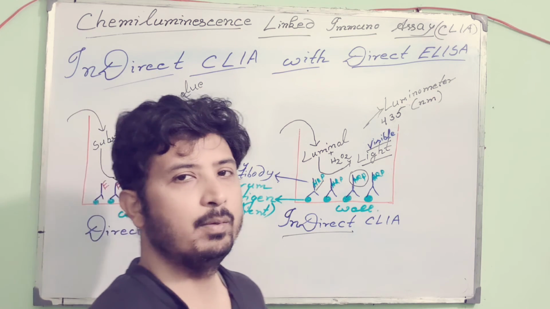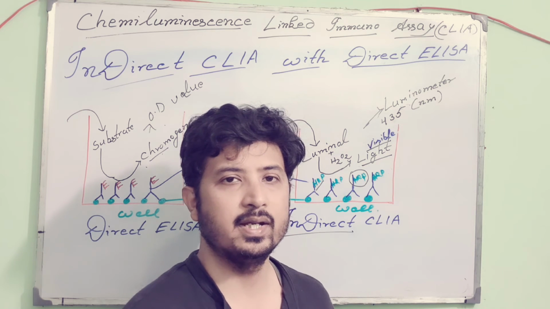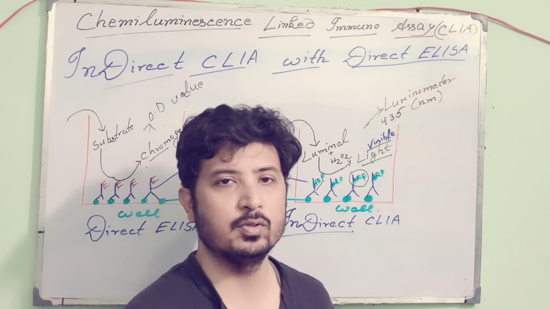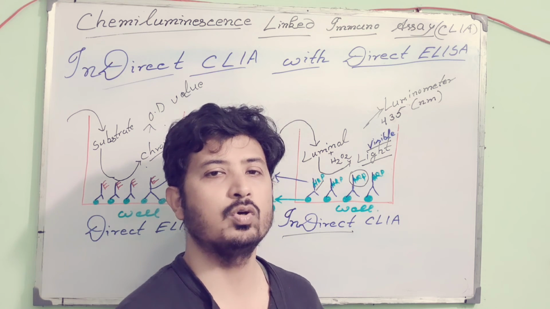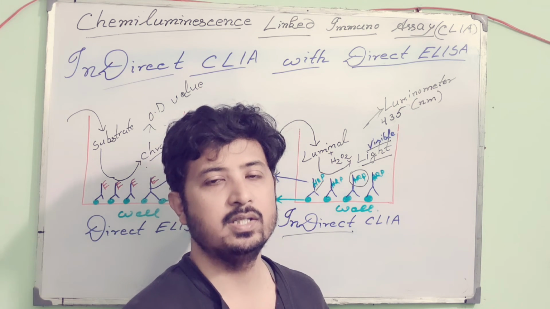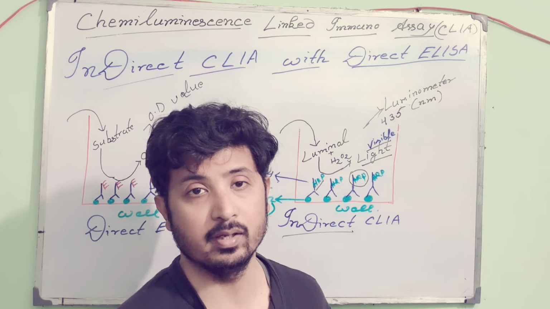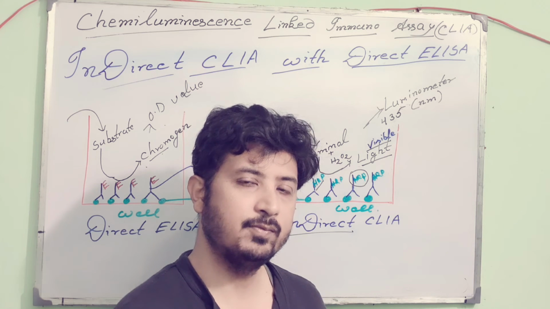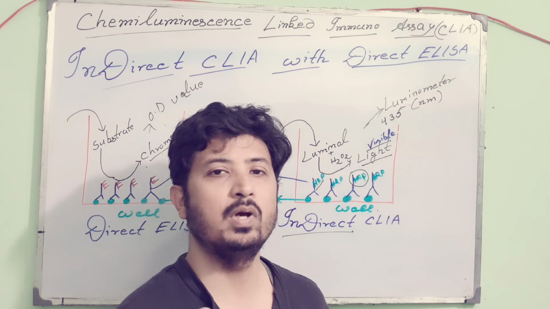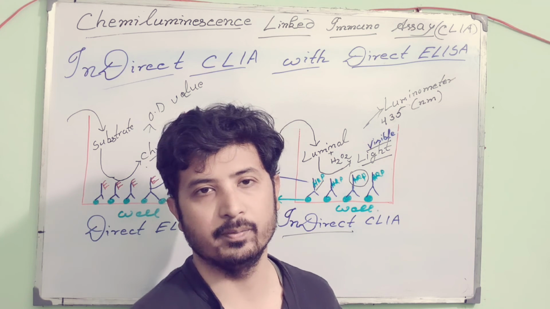But ELISA and CLIA both have some advantages and disadvantages. I told you again and again that CLIA is more sensitive. But the downside is that it is a very costly process. It is a robust process, not to be used on a small scale or in a rapid way. ELISA is less sensitive, less specific, but it gives you an accurate result for the particular antigen or antibody.